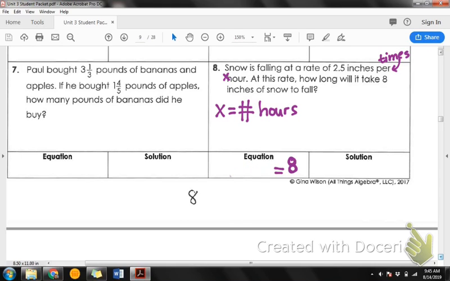So we usually will see it as 2.5x, okay? So this is your equation, 2.5x equals 8. If we want to solve this, 2.5x equals 8, what do we need to do to get x by itself? It's being multiplied, right? And what's the opposite of multiplication? Divide. So I'm going to divide by 2.5, and I'm going to divide by 2.5.